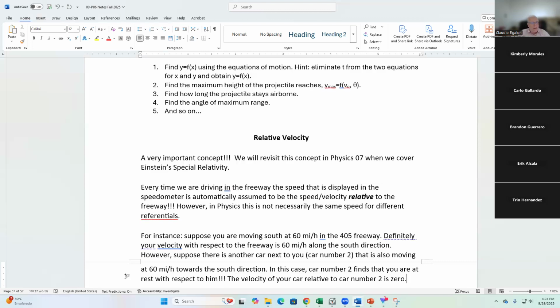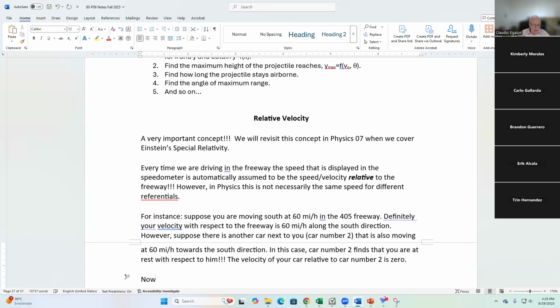Relative to what, right? Let me give you another example. Now, suppose there is a third car moving north along the 405 freeway at 60 miles per hour.